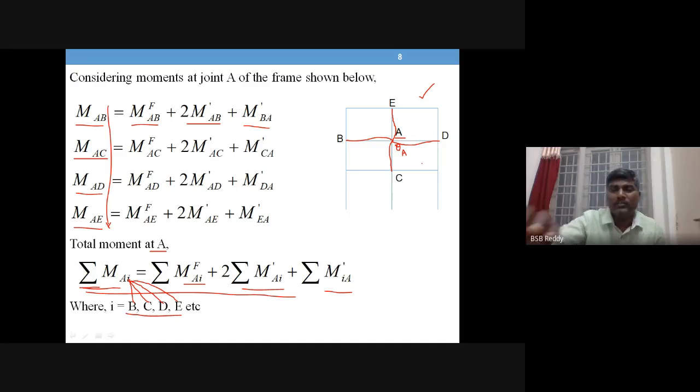So joint A rotated by theta A. Even if it is AB or AC or AD, AE, theta is the same for all the members because it is joint rotation. If the joint is rotated by 5 degrees, member AB rotates by 5 degrees. Similarly, member AC rotates by 5 degrees. Likewise, you have to understand.